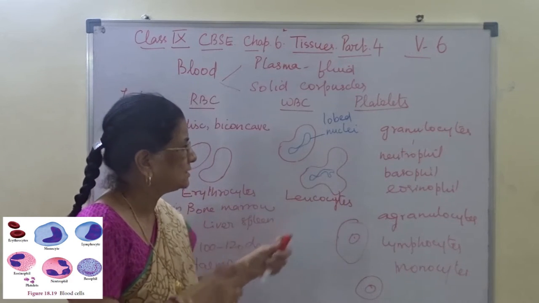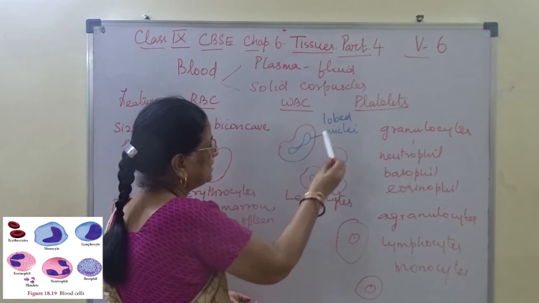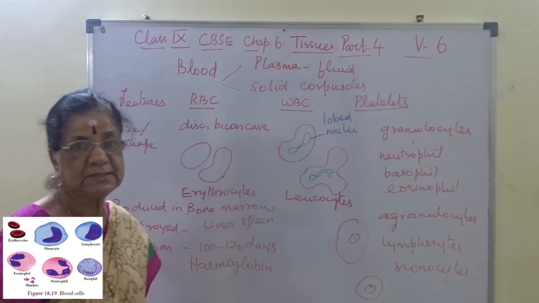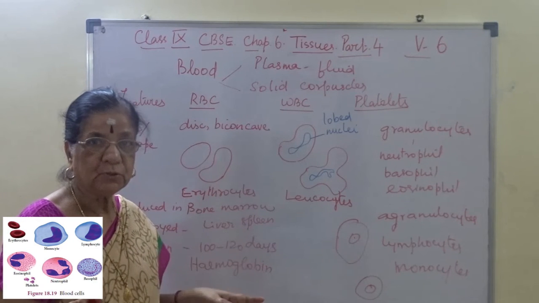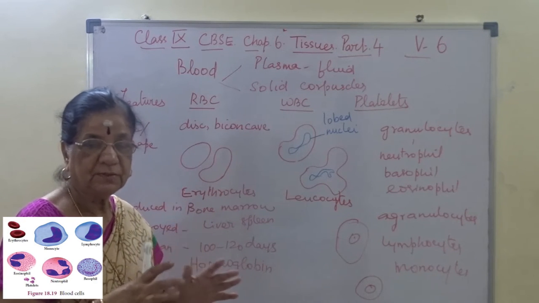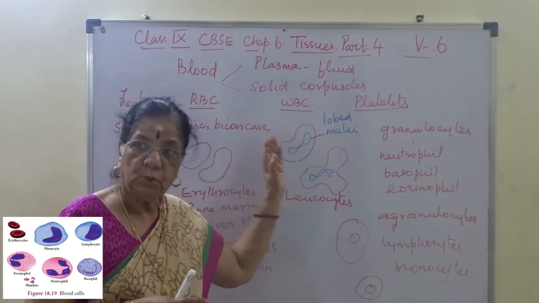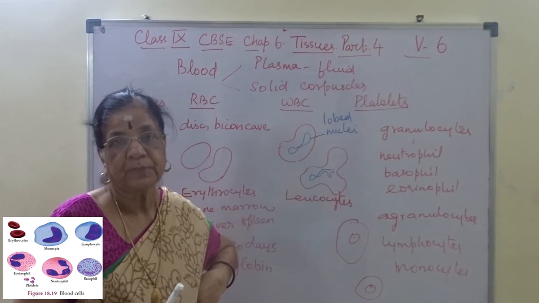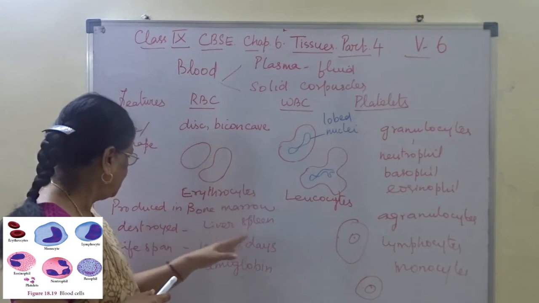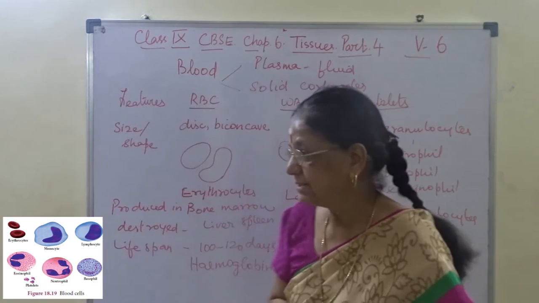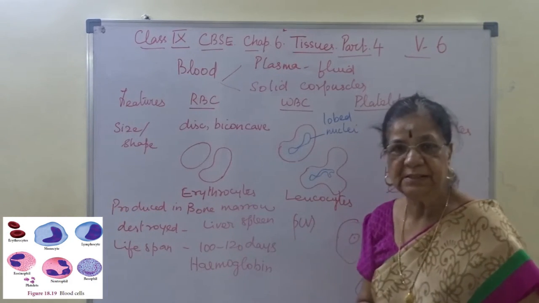Granulocytes have a nucleus like this, the blue colored shape, called a lobed nucleus. WBC will have a nucleus, whereas RBC will not have a nucleus. I hope you understand. They are also produced in bone marrow and they are destroyed as pus.